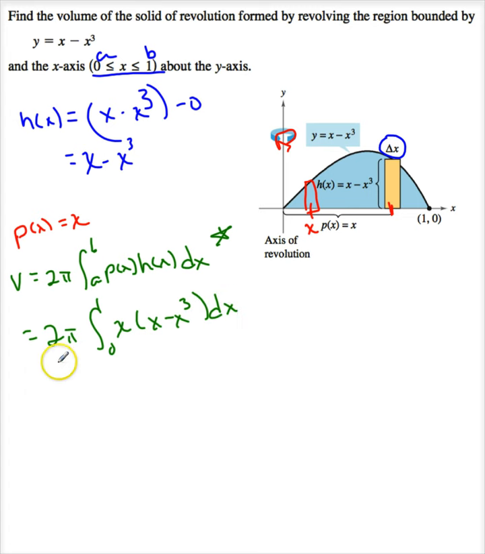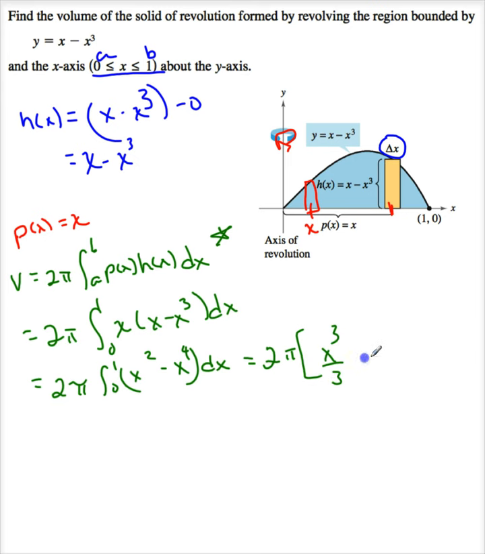All right, now we just have a straightforward calculus problem. We can just integrate this. 2 pi times the integral from 0 to 1 of x squared minus x to the fourth dx. That is 2 pi times x cubed over 3 minus x to the fifth over 5, evaluated at 0 and 1.